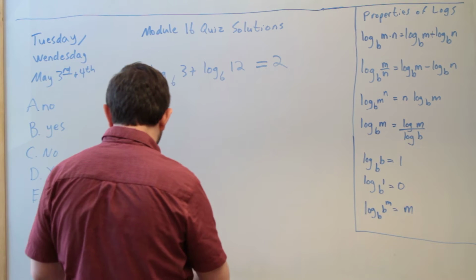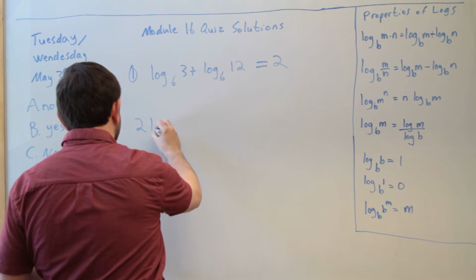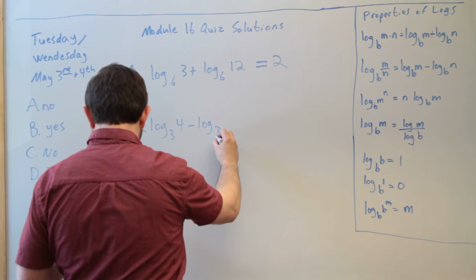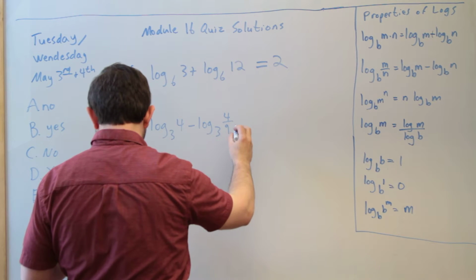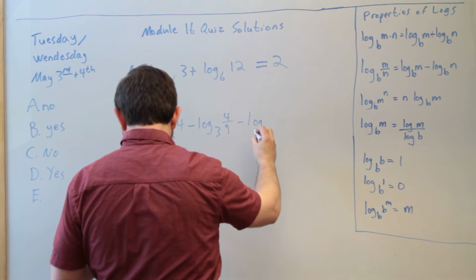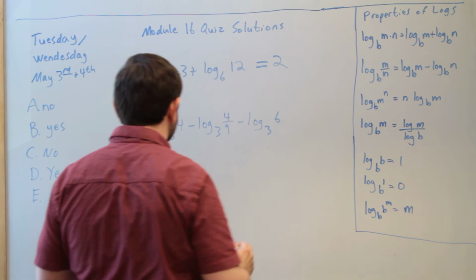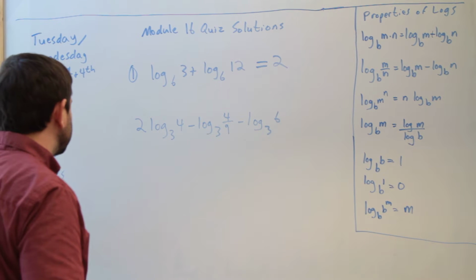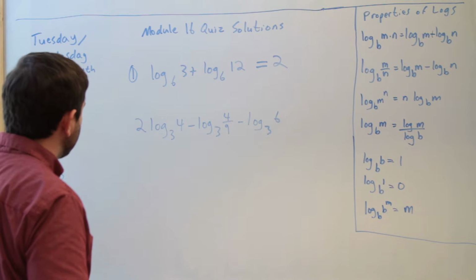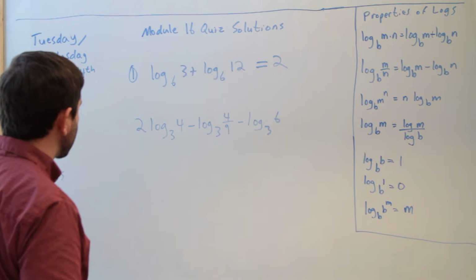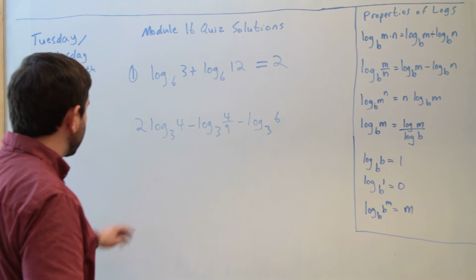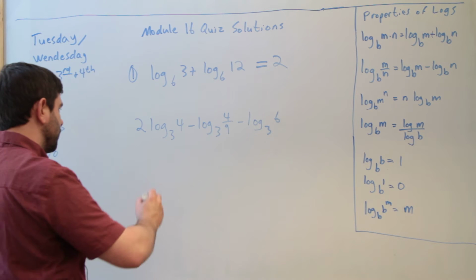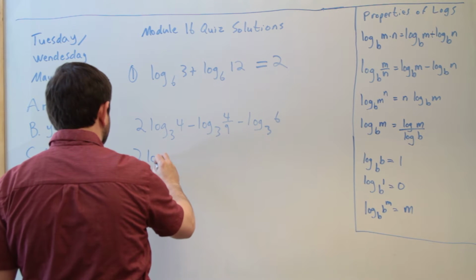We have 2 times log base 3 of 4 minus log base 3 of 4/9 minus log base 3 of 6. That's a little strange. A few different ways we could tackle this one. Let's try it like this. Subtraction, subtraction, bases are the same, quotient rule.